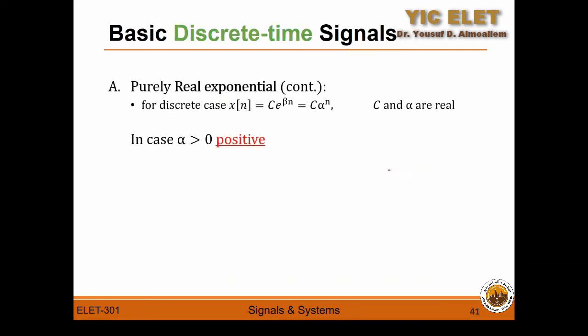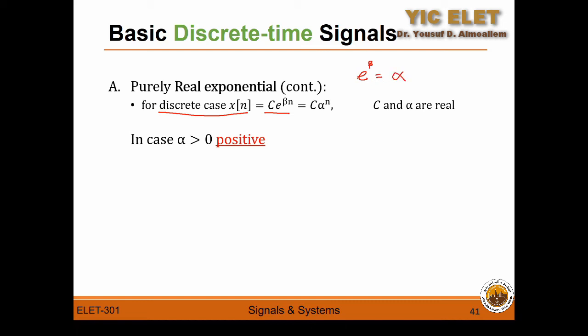Okay, now moving to a discrete case of x of n. So x of n would be equal to, similarly, c times e to the power beta n. Let's consider that e to the power beta is equal to alpha.